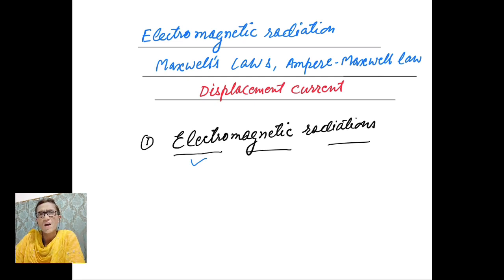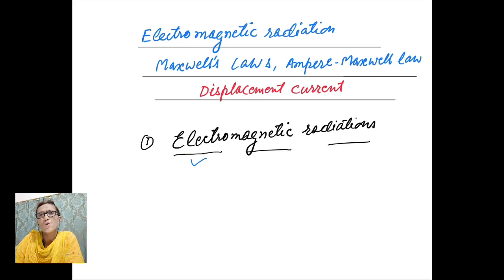But it was found that electromagnetic radiations are present in the vast expanse of space also, where there is not any material medium. In vacuum also you can find electromagnetic radiation, but there is changing electric field and changing magnetic field.